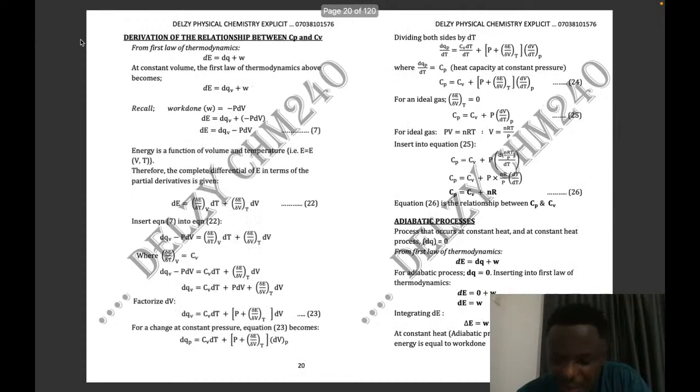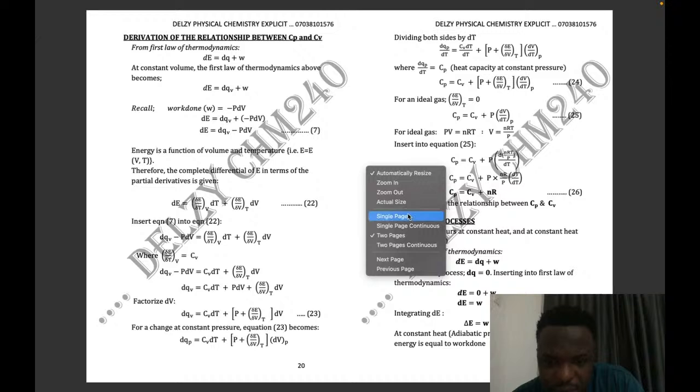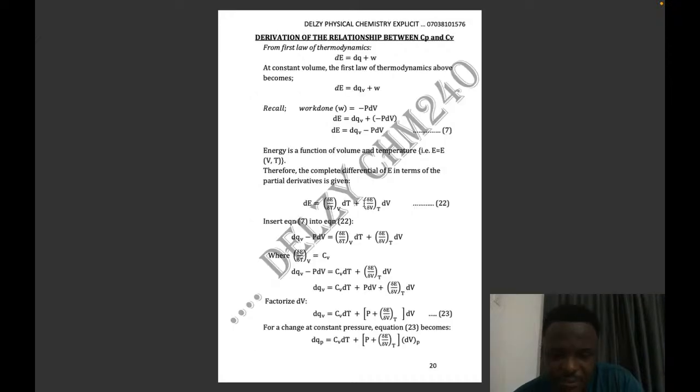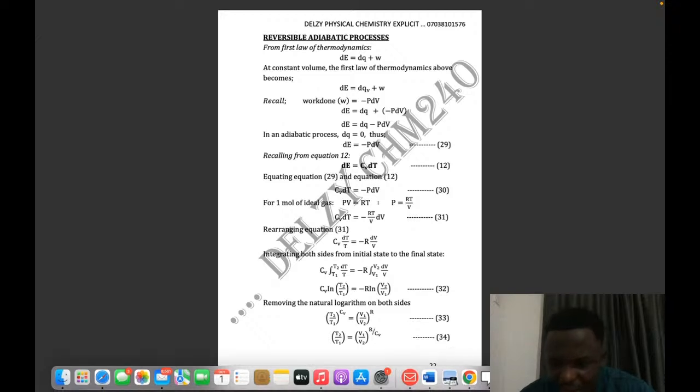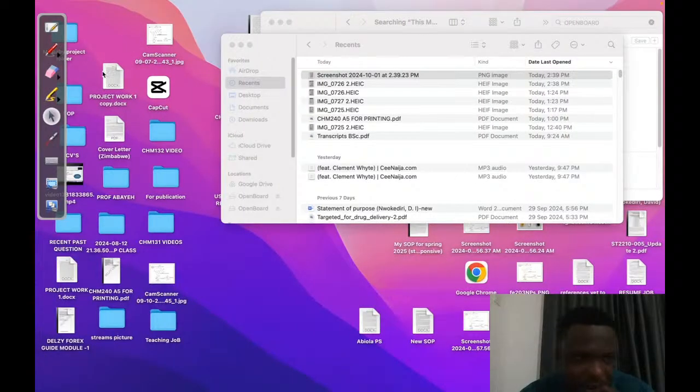Now look at this. This is the reversible adiabatic process. Now class, please look up. The first formula here, right? I can't really write. I think I should have this in my board. Hold on. Let me check this in my board.